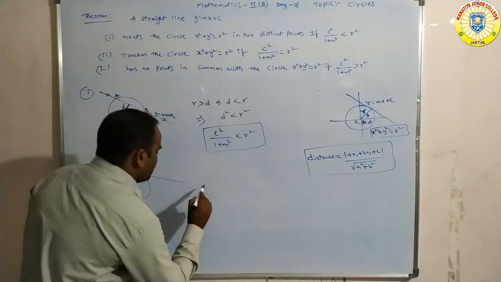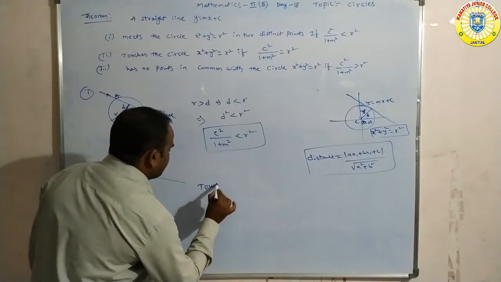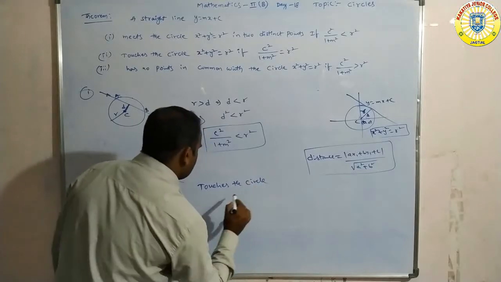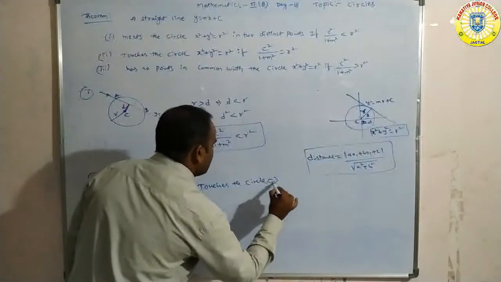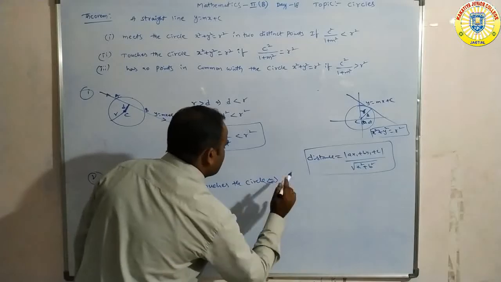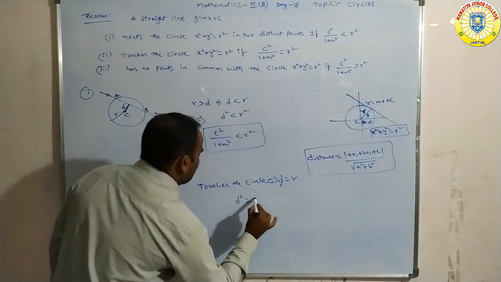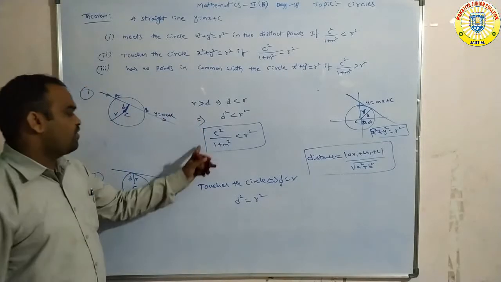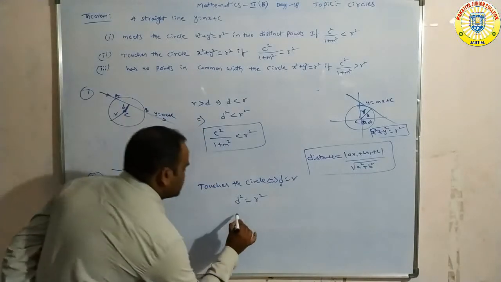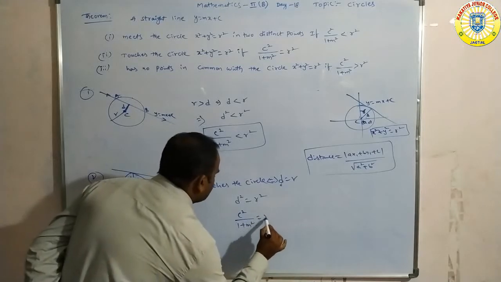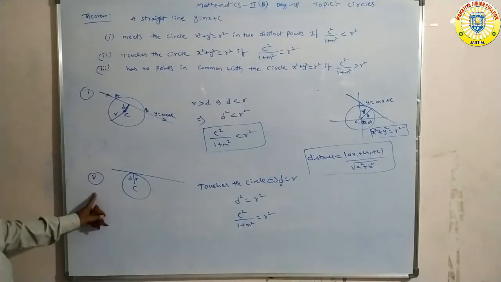So D square = r square. We already found D square, which is c square / (1 + m square) = r square. This is the second case.